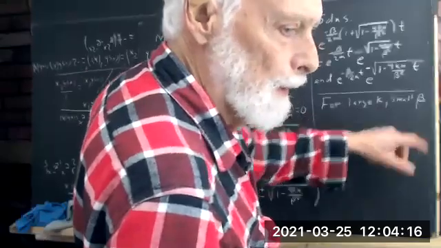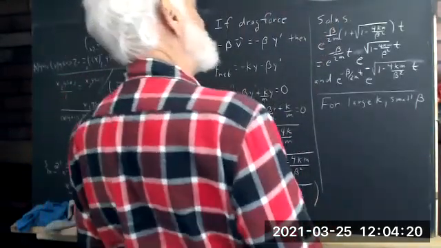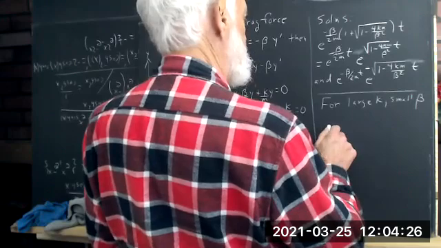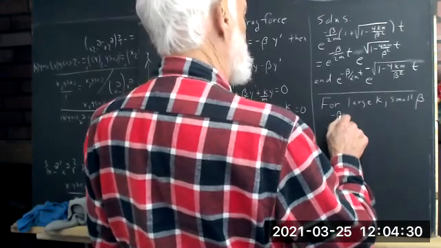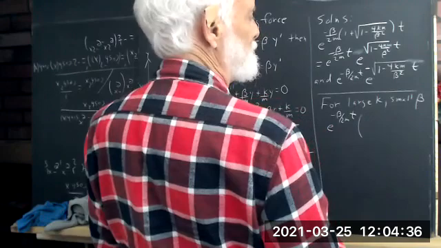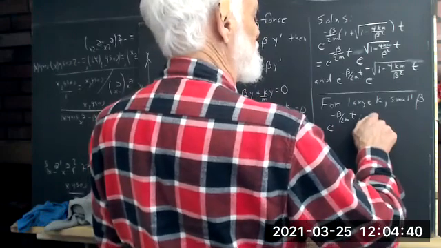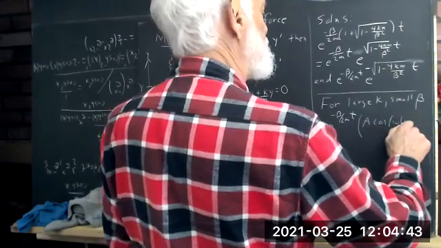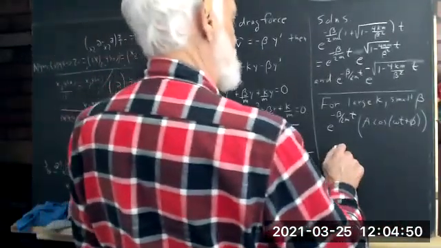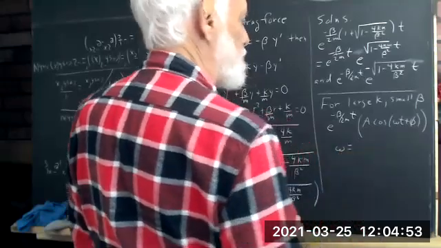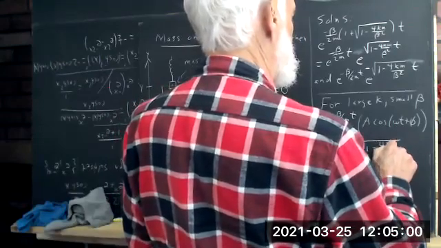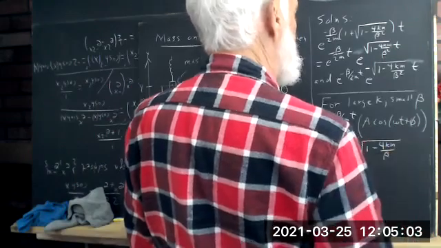For large k and small beta, then you get e to the negative beta over 2m t times a cosine of omega t plus phi, where omega is the square root of 1 minus 4km over beta.